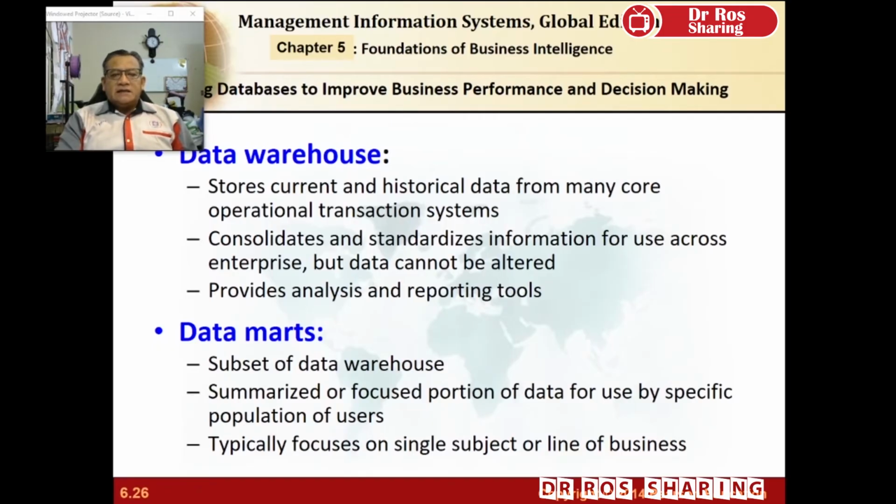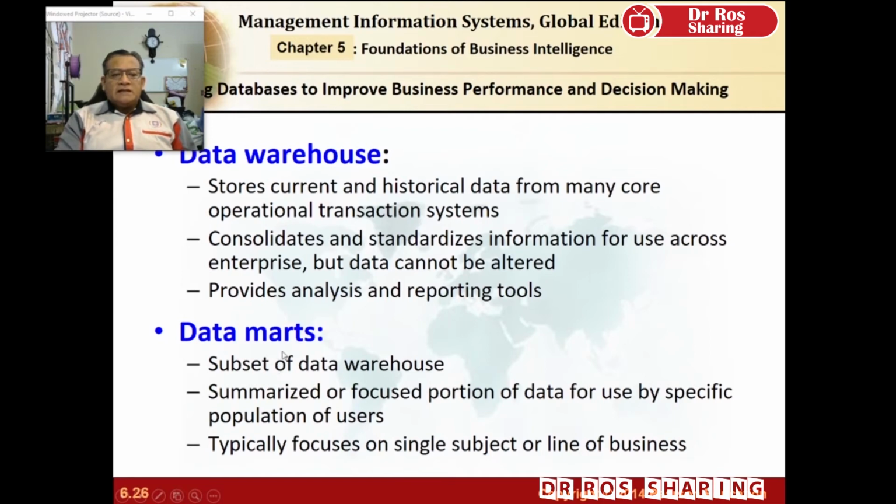So these data are consolidated and later standardized in terms of format or structure. So this data is basically static. It cannot be altered. However, you can analyze the data, and you can create a standardized reporting tool in order to understand what the data is reporting.